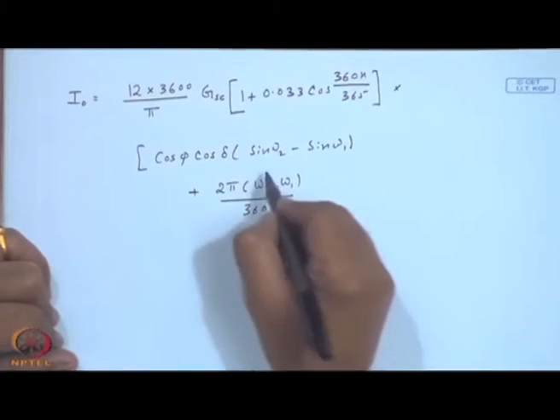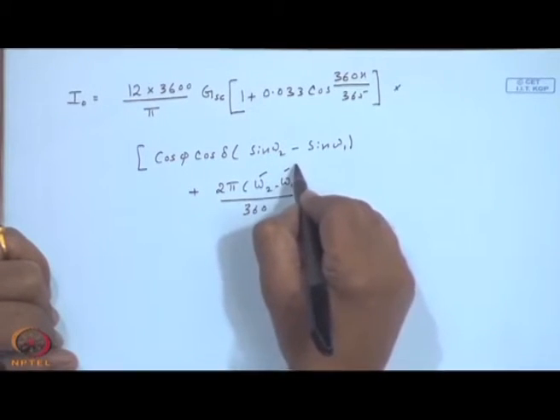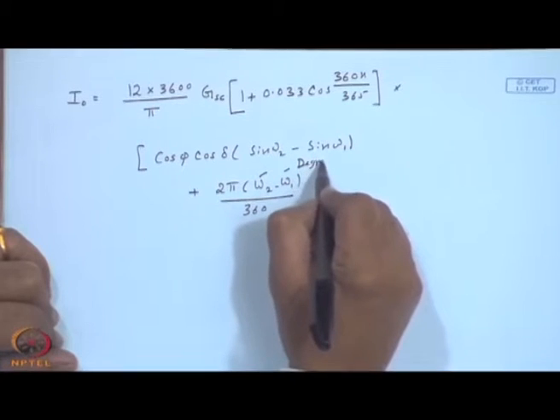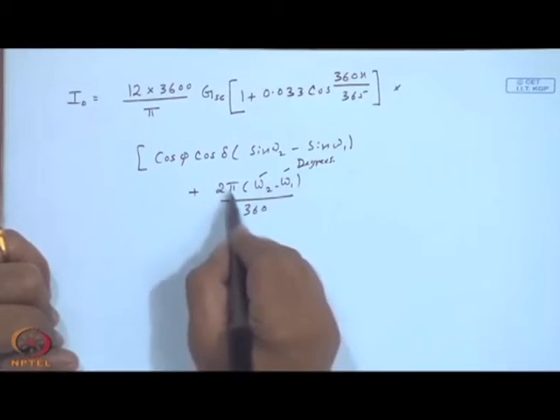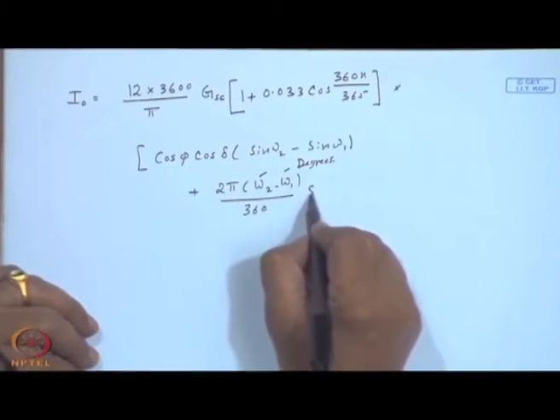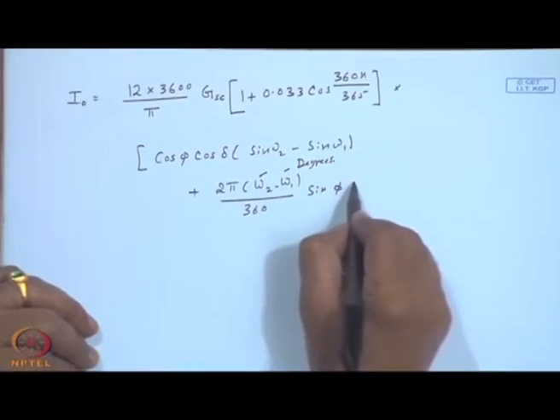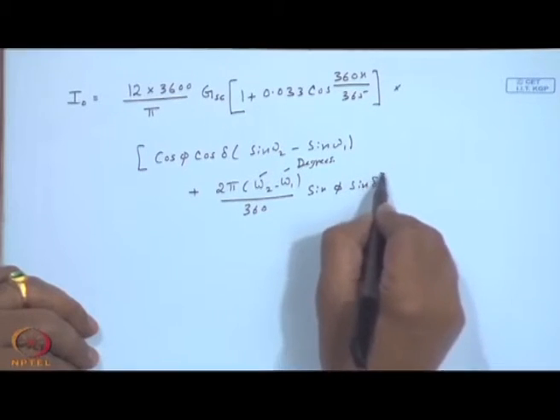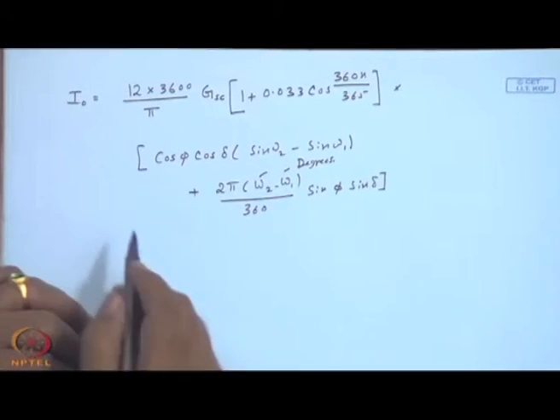So, this omega 2 and omega 1 are in degrees, since I am using 2 pi by 360 as the conversion factor, times sin phi sin delta.